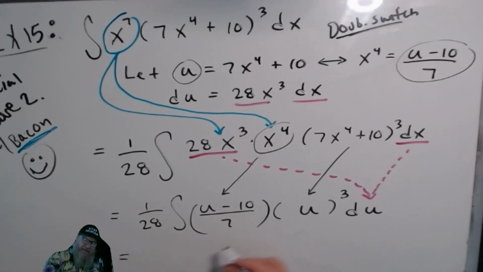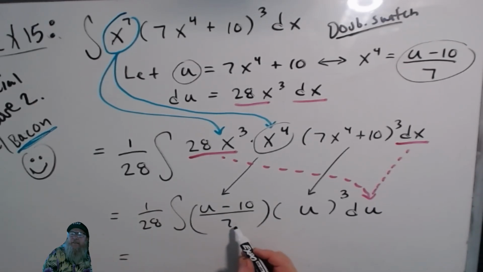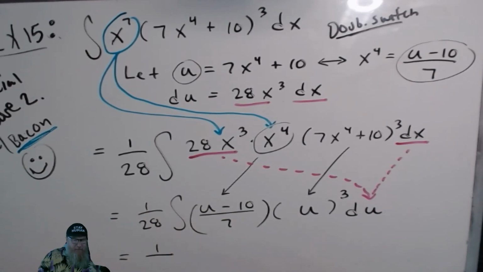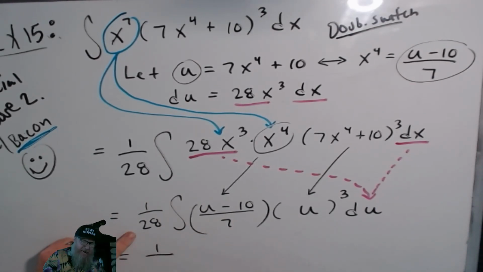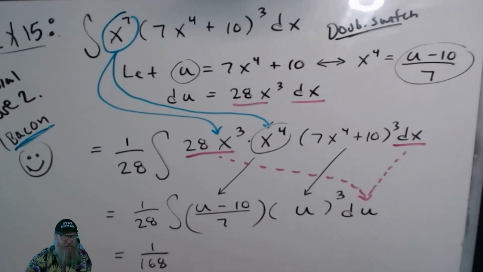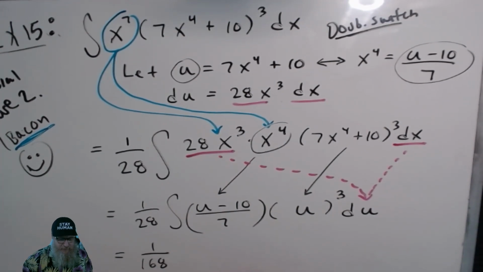All right, now check. It keeps going, all right? It gets even better. The 7 comes out, and you go 7 times 28. What's 7 times 28? 168. Still doing the old school calculator.